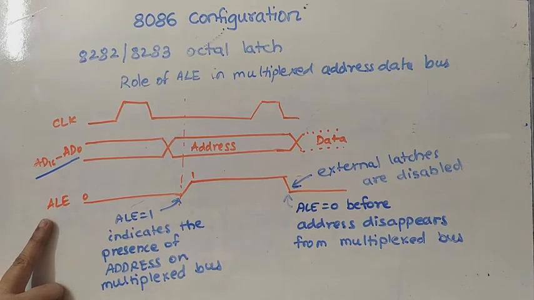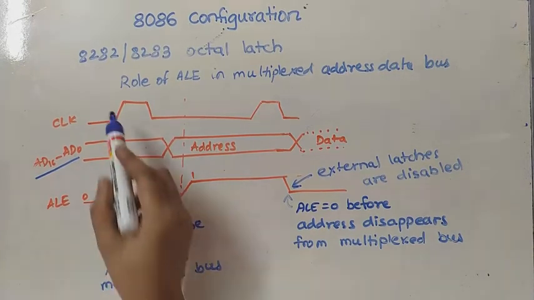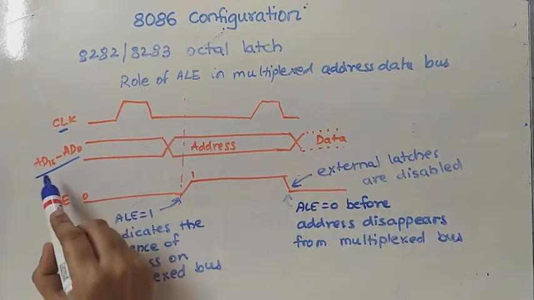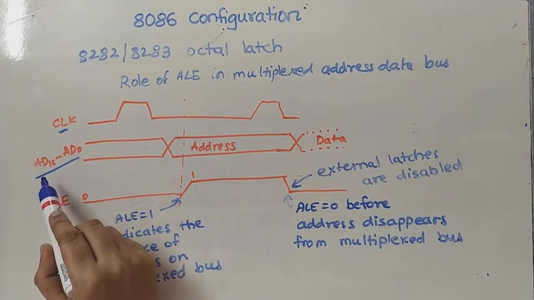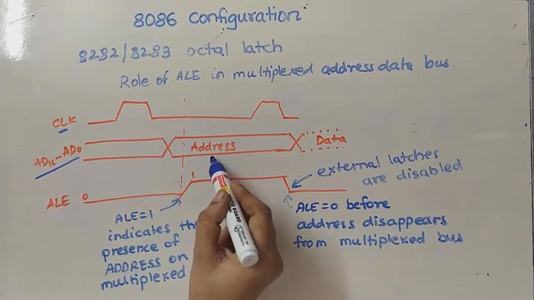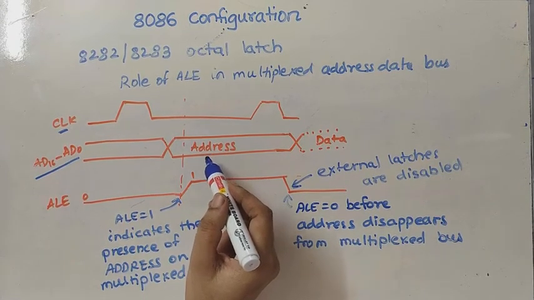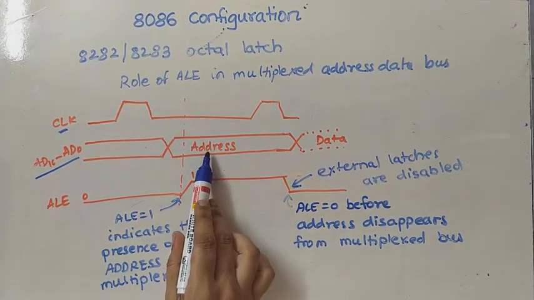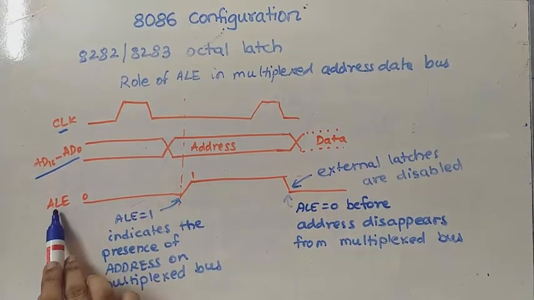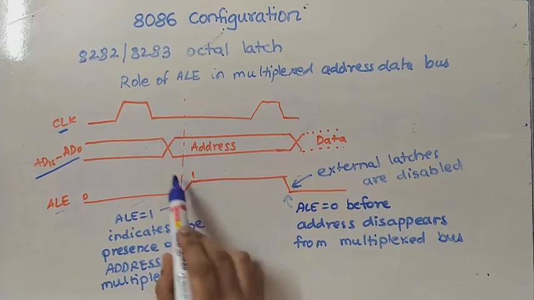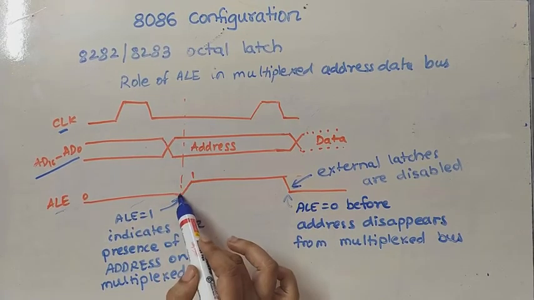When the ALE signal is high, here we can observe this is the clock signal and these are the AD0 to AD15 lines. First of all, the address is released on this multiplexed bus, and the presence of address is indicated by making ALE 1.